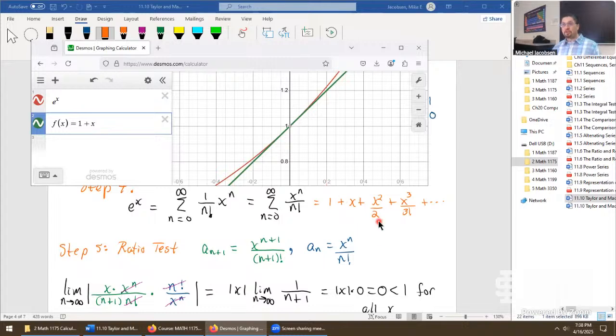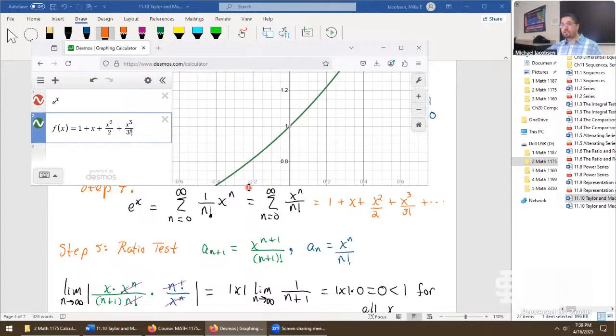So we go to the best local quadratic approximation, plus x squared divided by 2, and we can see that did a way better job. Well, a little bit of difference over here, maybe, if that's important. Then we go to the cubic term, x cubed over 3 factorial.